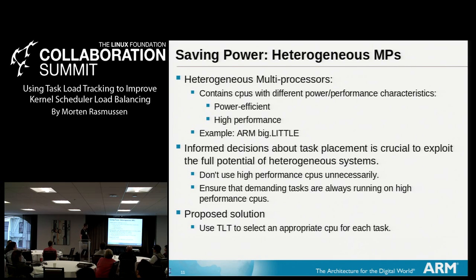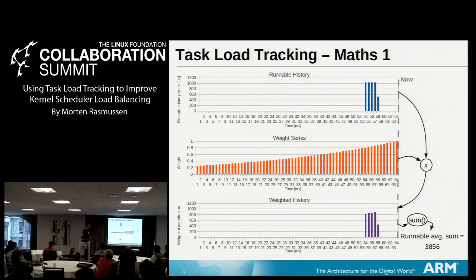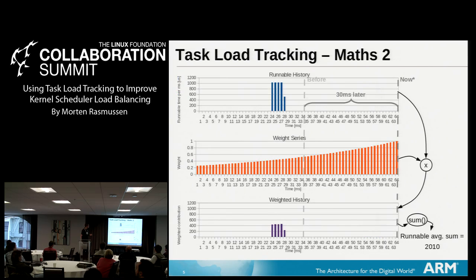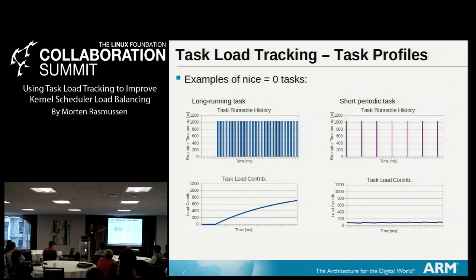Because if we go back here and say we have a periodic task, for example, which runs 1 millisecond every 10 milliseconds, and we reduce the CPU frequency by 50%, say we were running at 1 gigahertz and now 500 megahertz, what will happen is that the task still needs to do the same amount of work every time it wakes up.